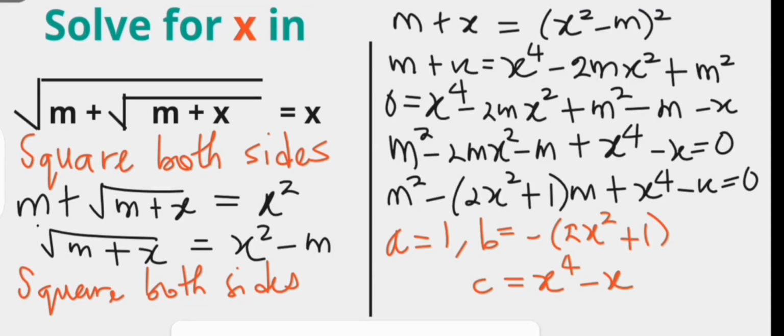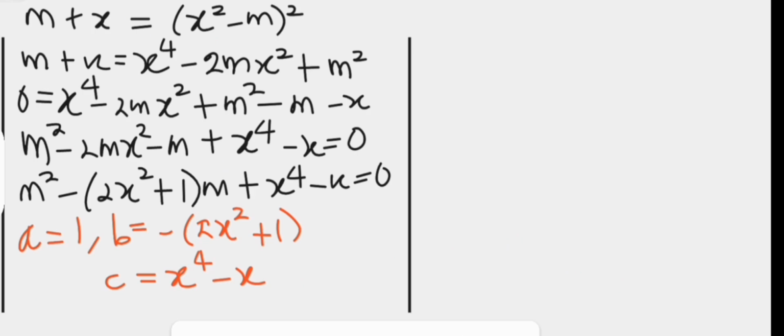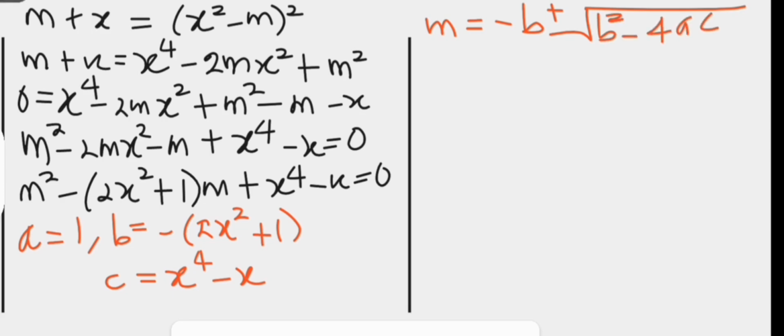First, we are going to solve for m using the quadratic formula. The quadratic formula is m equals to minus b plus or minus the square root of b squared minus 4ac over 2a.